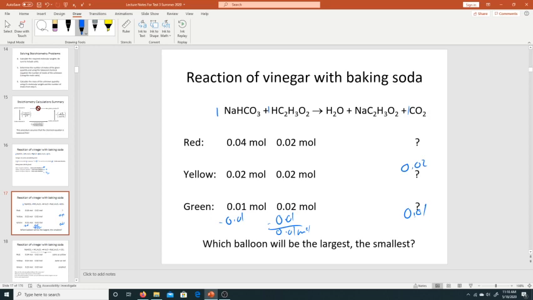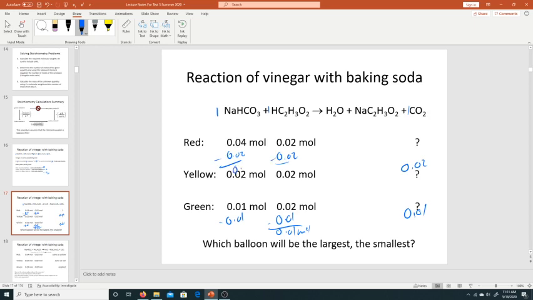Now what about the red balloon? In this case, you've got 0.04 moles of baking soda, 0.02 moles of acetic acid. What runs out first this time? What should happen is that I will use up all of the acid. You subtract these, I should have left over baking soda.